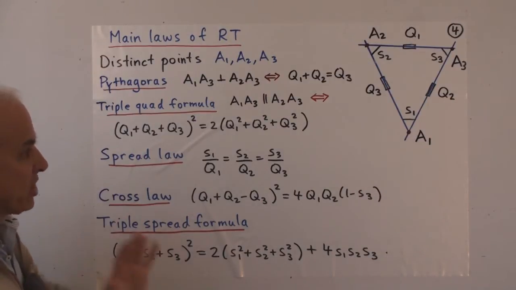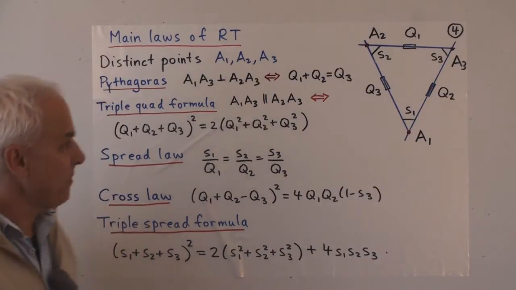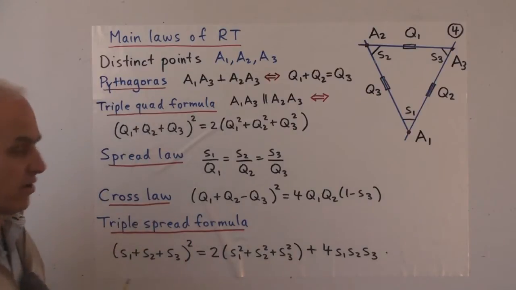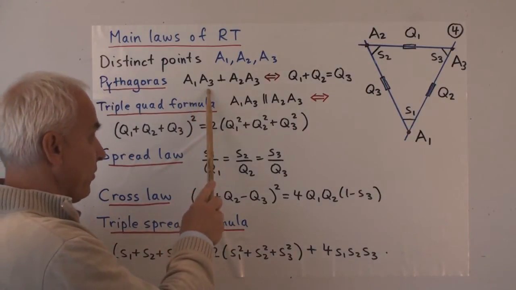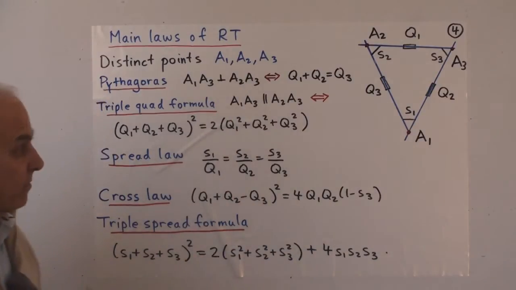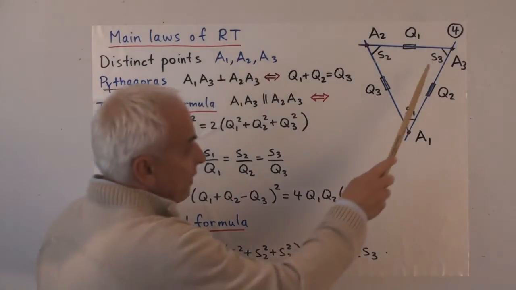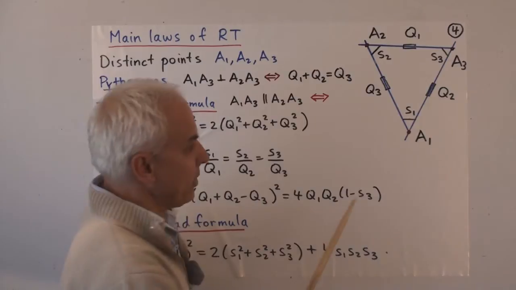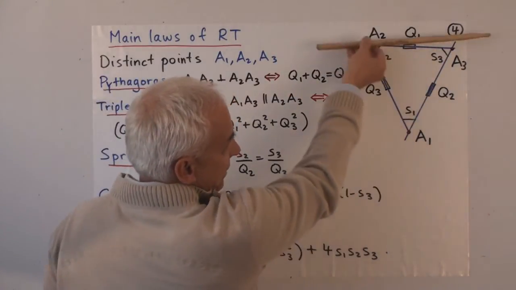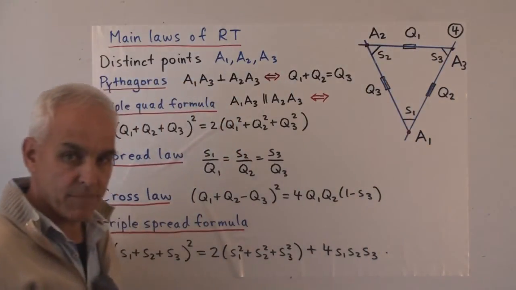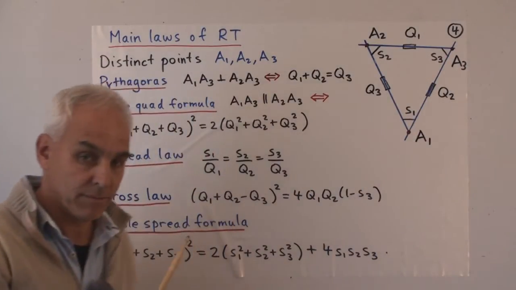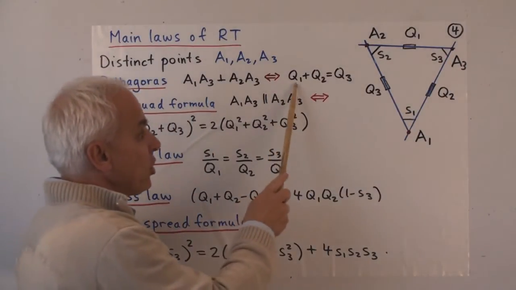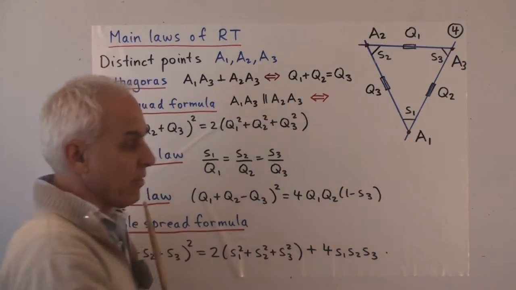Okay, so what are the relationships between these 6 quantities? The first is Pythagoras' theorem, that if, say, A1 A3 is perpendicular to A2 A3, in other words, if this is a right angle, in other words, if this line and this line are perpendicular, and what that precisely means is that that spread is 1. So if that spread is 1, then Q1 plus Q2 equals Q3.